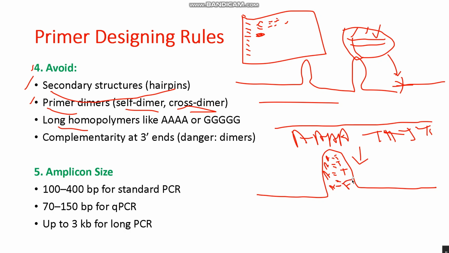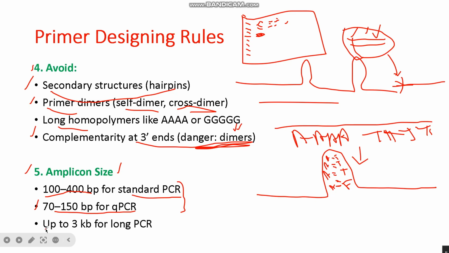So they must be avoided. And complementarity at the 3' ends is dangerous. They also cause damage. The amplicon size must be 100 to 400 base pair for standard PCR and 70 to 150 base pair for qPCR. It is the ideal situation, and up to 3 kb for long PCR.